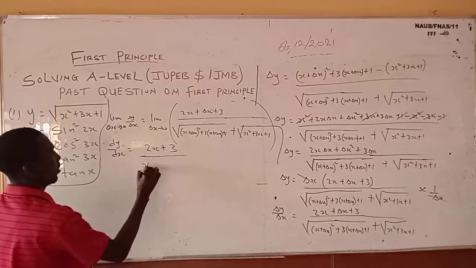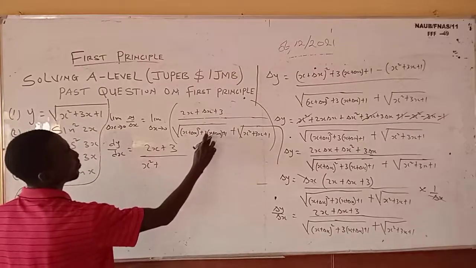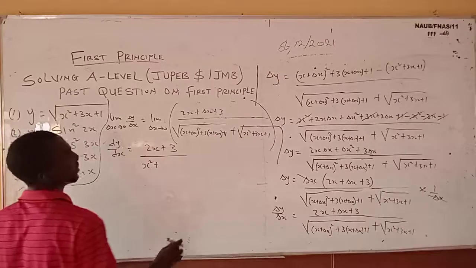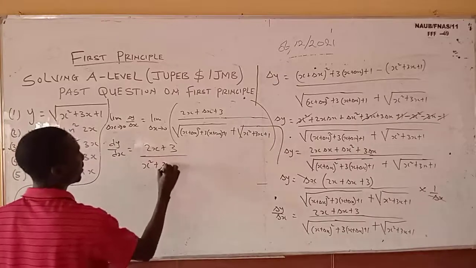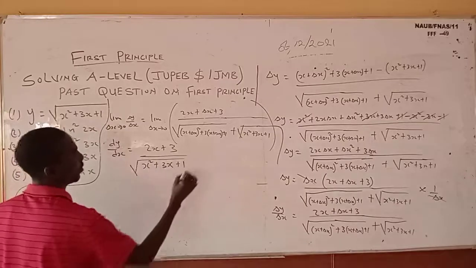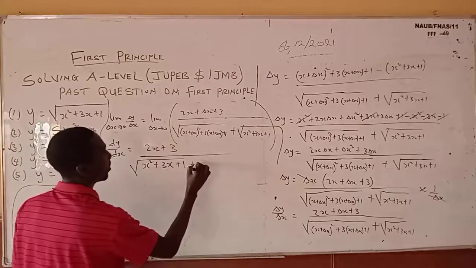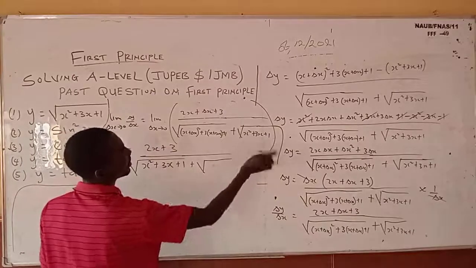Then we will be left with square root of s squared plus, put your 0 here, s plus 0 is s. So 3 times s is 3s plus 1. So don't forget the square root, plus square root of, we do not have change in s here, right?